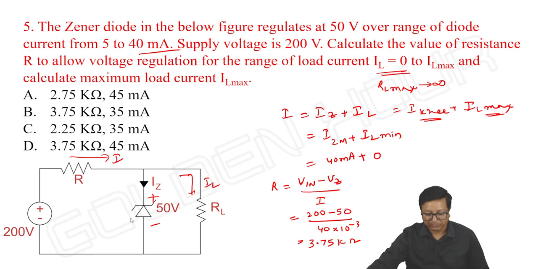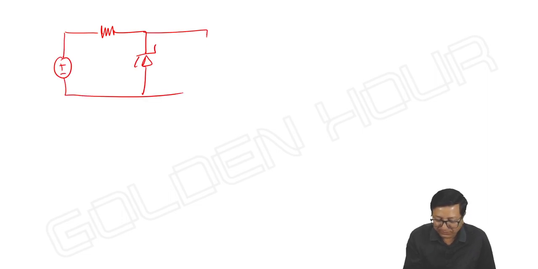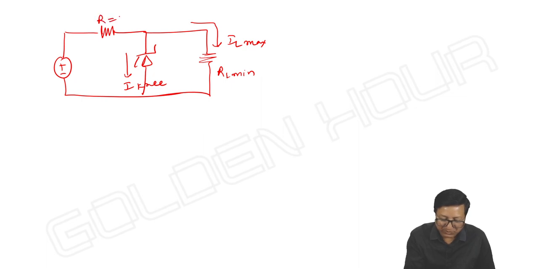Simple thing. Here, I'm taking RL minimum. You cannot take RL minimum as 0. Here it is IL maximum. As RL is minimum, IZ is minimum. And what about this R? It is 3.75K.